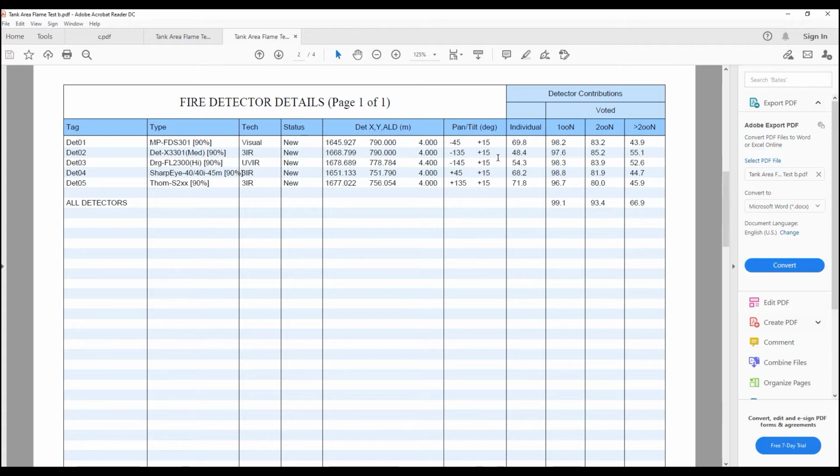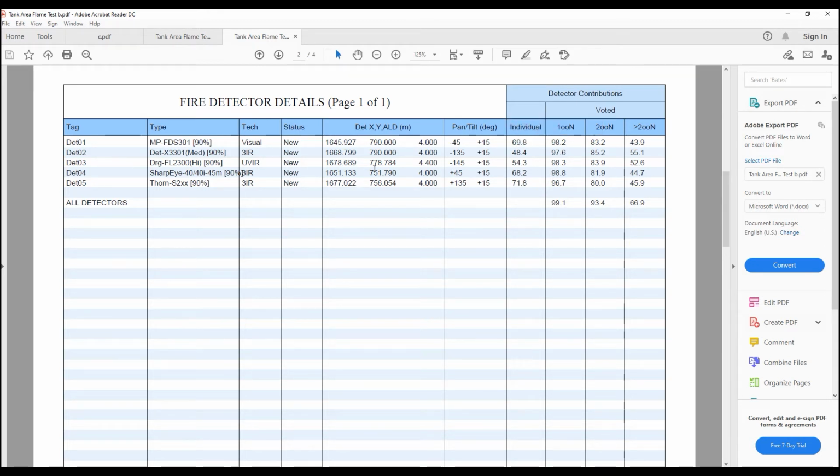And then last but certainly not least, we get the detector contributions breakdown, which tells me how much each individual detector can see of the graded volume and how each detector contributes to the voted coverage. So I can see that detector 1, or DET01, can see 69.8% of the graded volume.